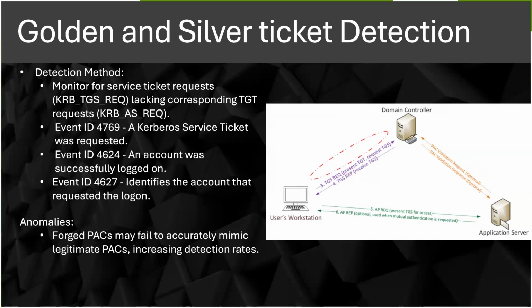As I said previously, the PAC gives the access control, what permissions the user has. The golden ticket needs to forge the PAC, and sometimes the forged PAC does not accurately mimic the legitimate PAC, so the detection can be a bit easier.